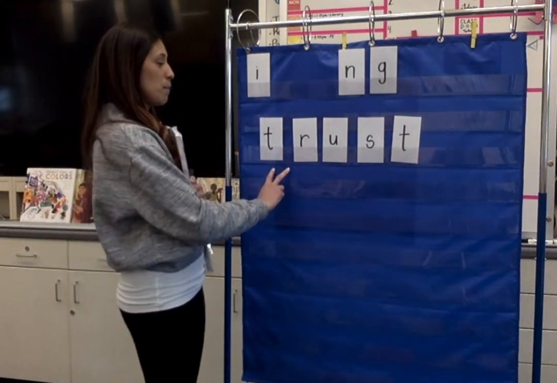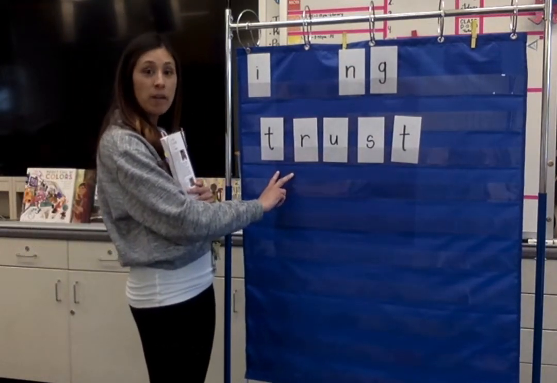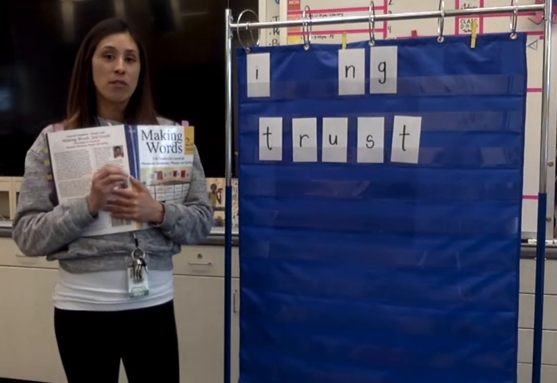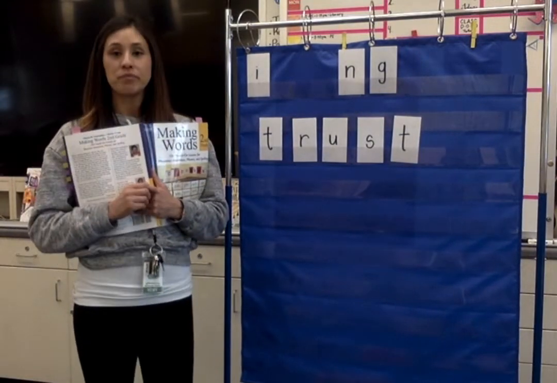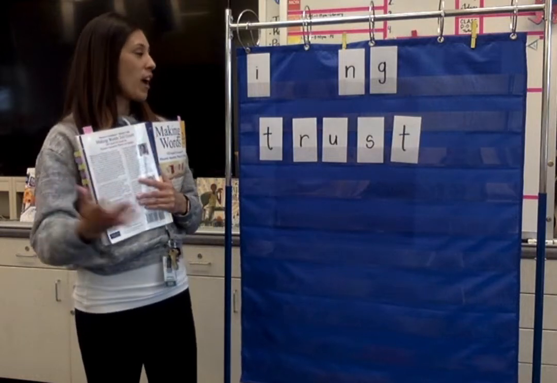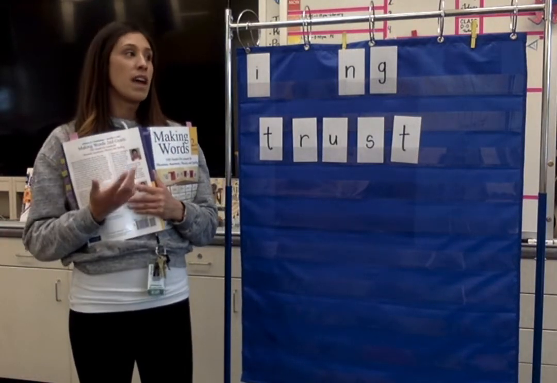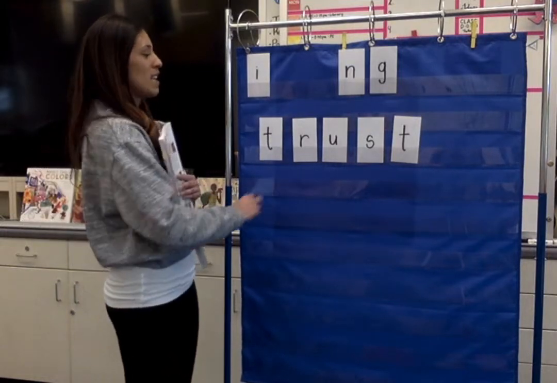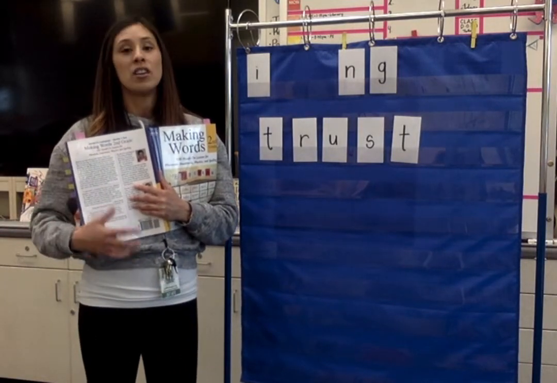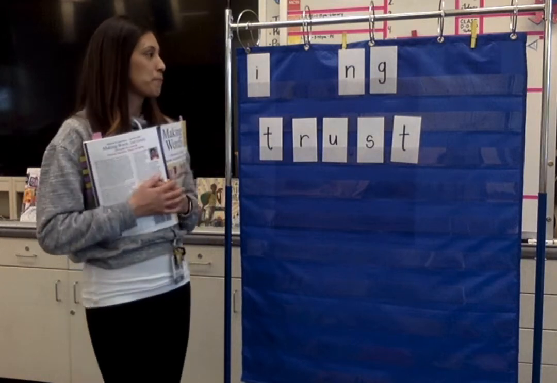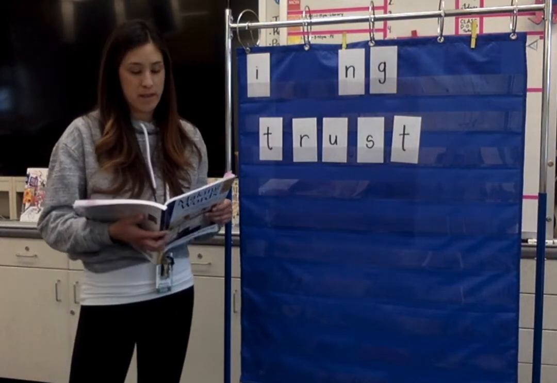This is really tricky because sometimes TR actually makes the ch sound like in train, tree, trust. Can you think of any other words that begin with TR where it kind of sounds like ch? Okay, that one's a tricky one.